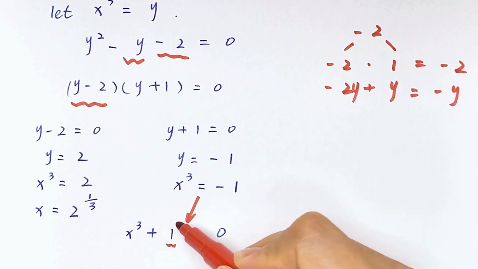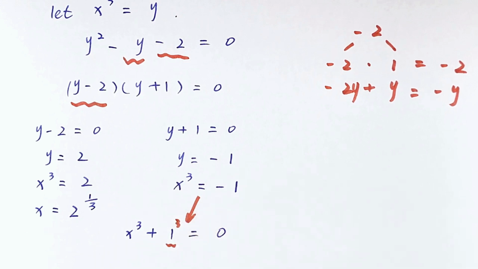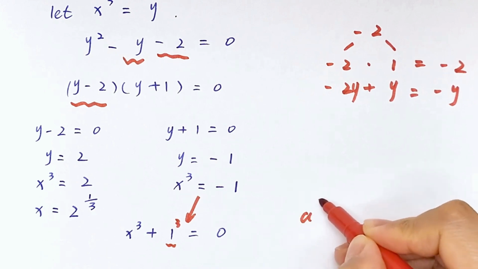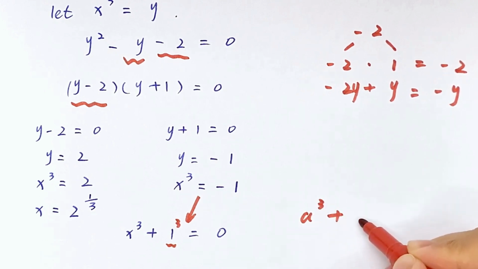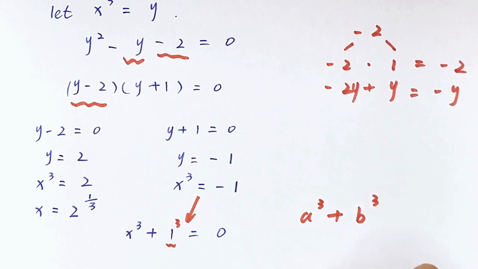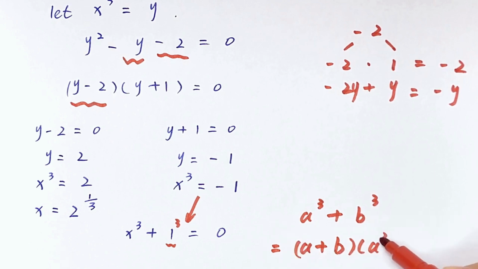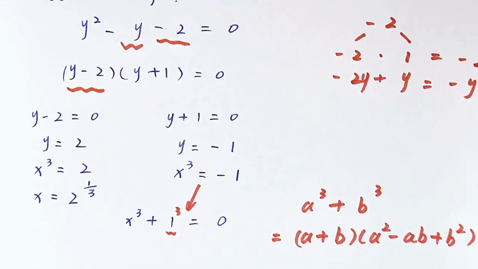1 is the same as 1 cubed. Then we apply a formula that a cubed plus b cubed is equal to a plus b bracket times a squared minus ab plus b squared bracket.